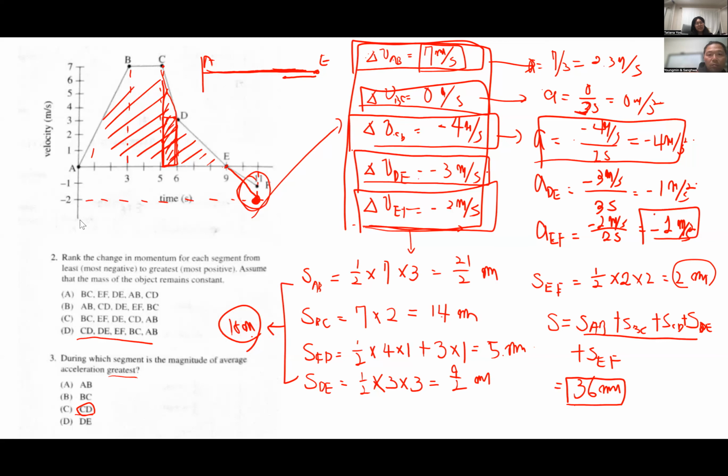So it has -2 meter back. So that should be F. So it will be like this. This is A, this is E, this is F, right?